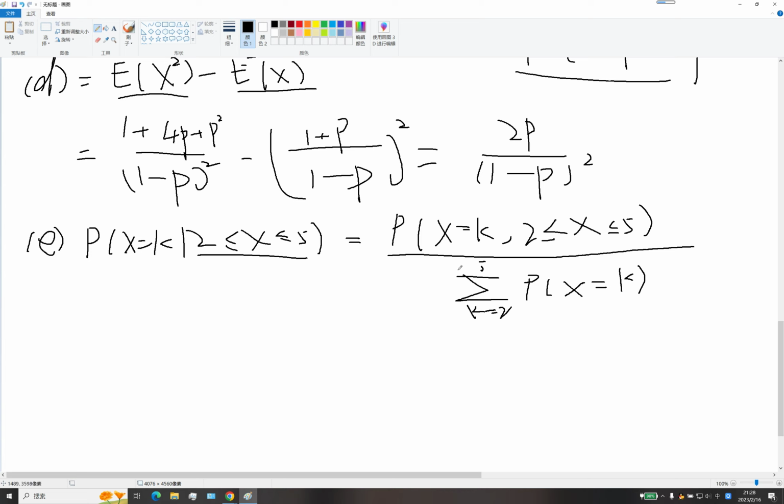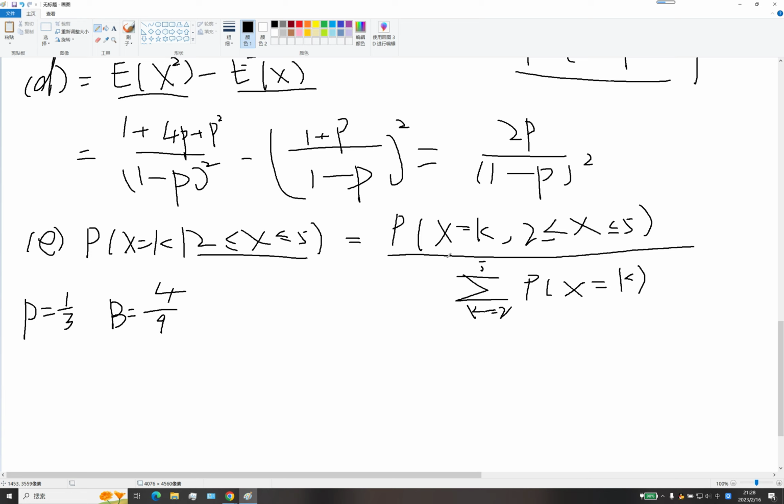So we just calculate this part, and we know that if p equals 1 over 3, then b equals 4 over 9.